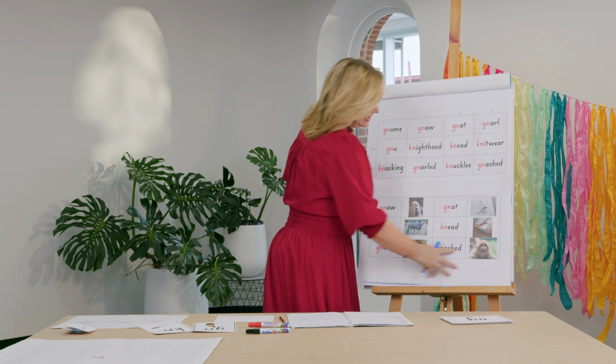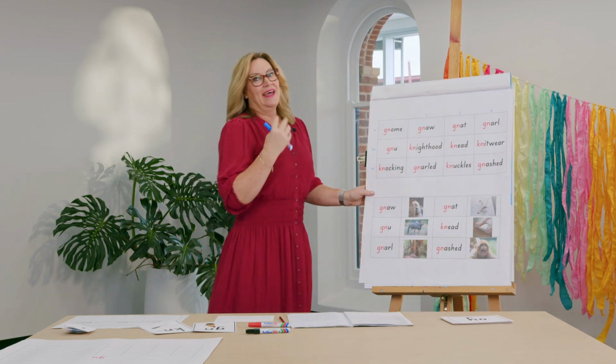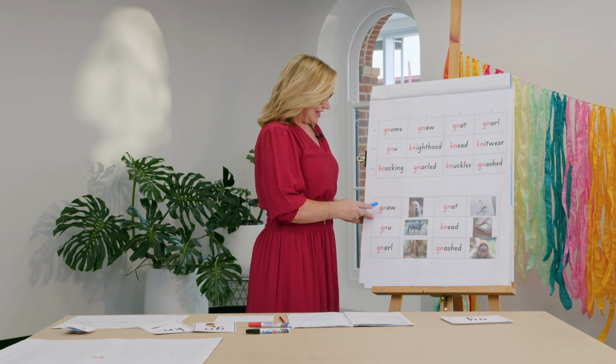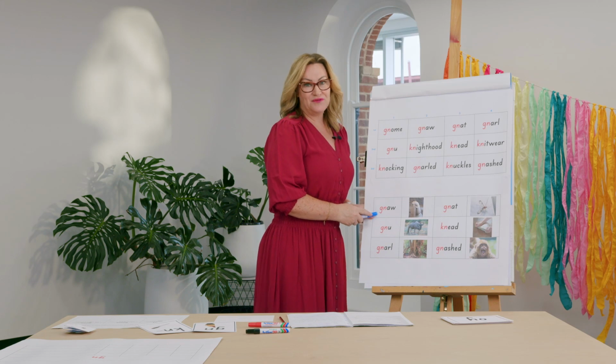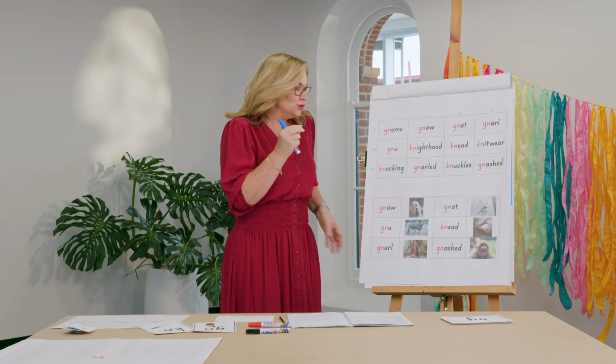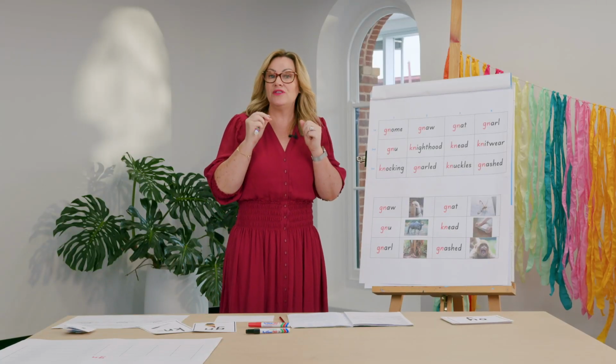Here we go. Here are some pictures to help us remember what these words actually mean. This is an action, it's a verb. It's gnaw. And we can see here there's a beaver or an otter, and they have really amazing sharp teeth. And gnaw means to bite or chew or nibble with your teeth.